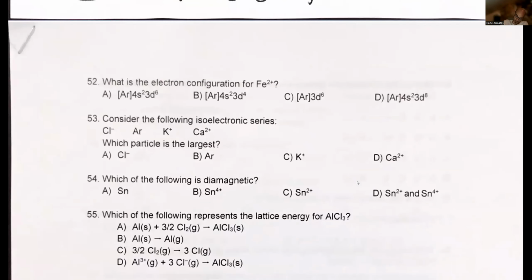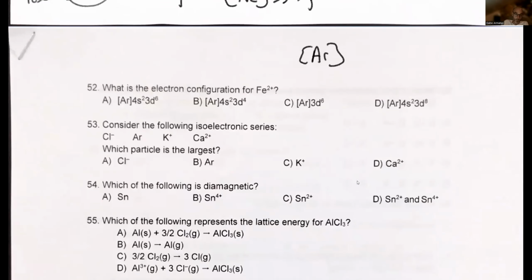What is the electron configuration for iron 2 plus? Okay, let's do it. Iron is on the row before argon. Anything without argon, nope, they all have argon. Perfect. Next up, 4s2, because that's the next line after argon. Then 3d, and iron is 6 in, in the D block.